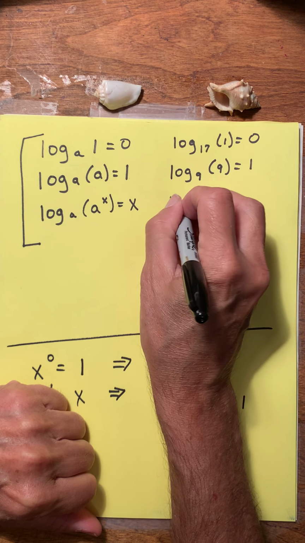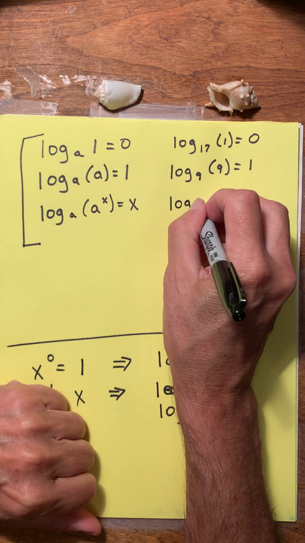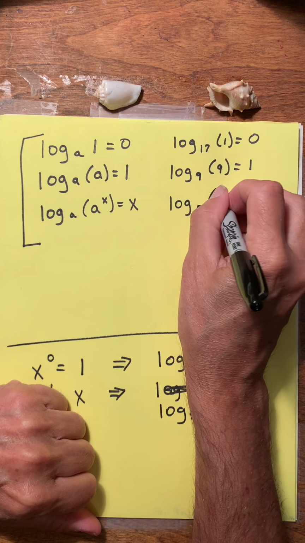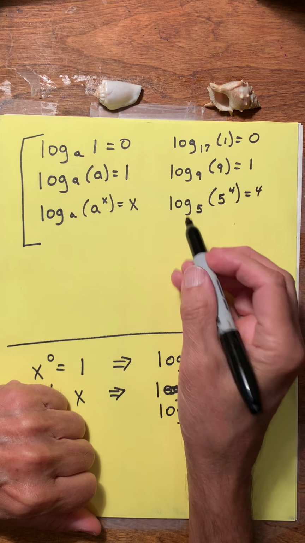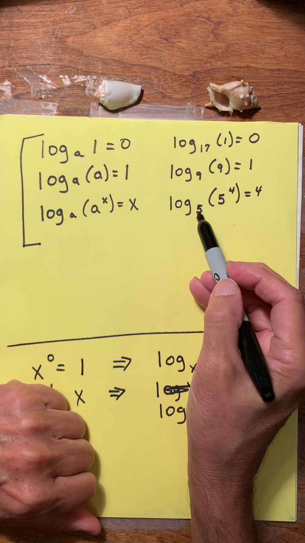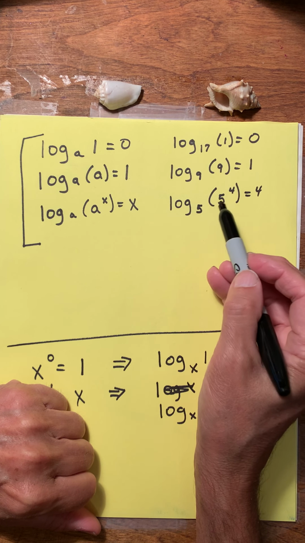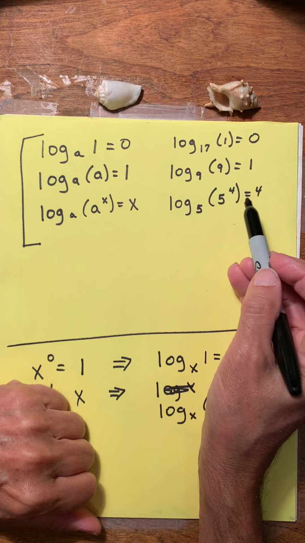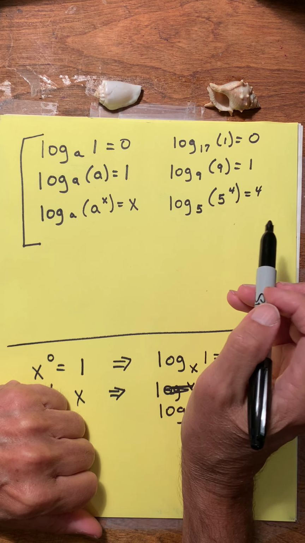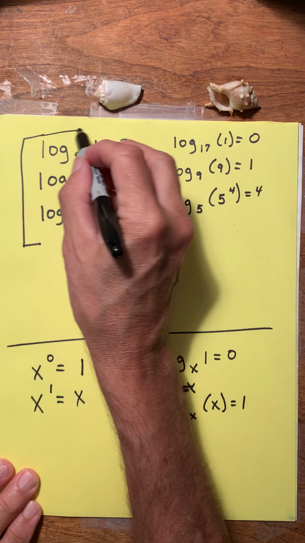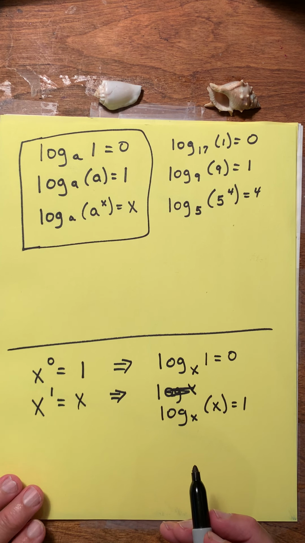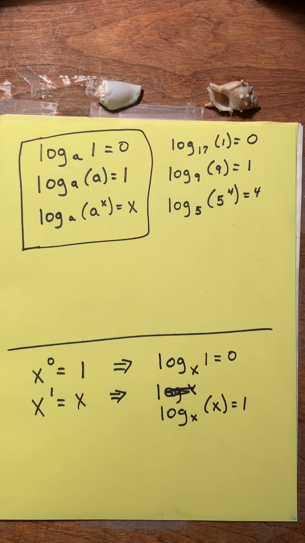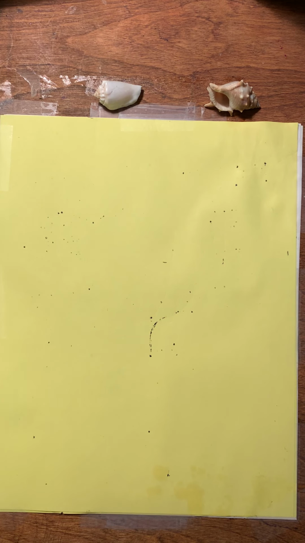Example, log base 5 of 5 to the 4th is going to be 4. Think about it. The exponent that I raise 5 to in order to get 5 to the 4th is 4. So these three we're going to be referring to as we work our problems along the way. So I'll keep this sheet handy.